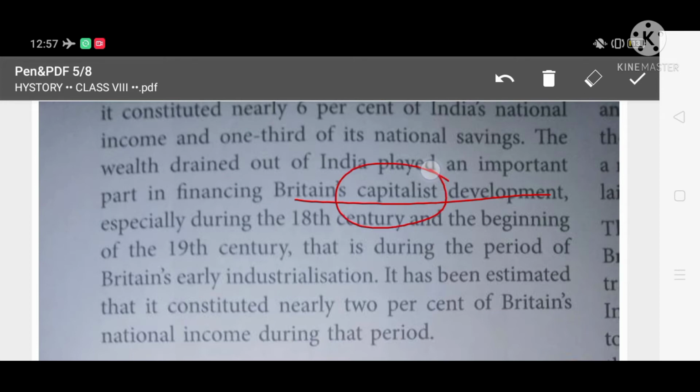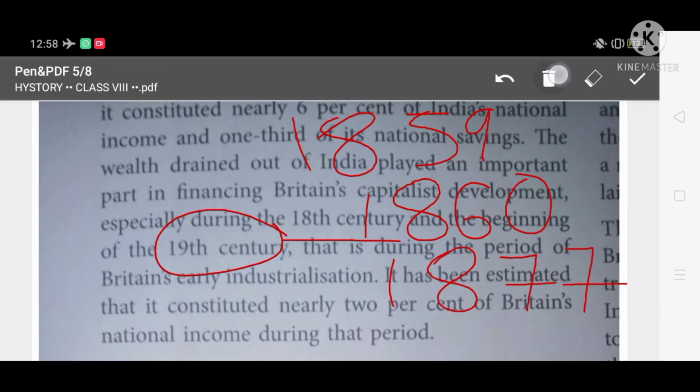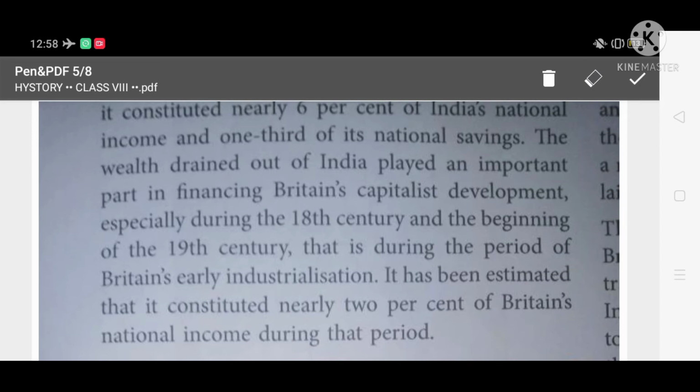Capital here means money, which many people confuse. The drain of wealth improved British capitalist development, especially during the 18th century and the beginning of the 19th century, the period of early British industrialization.